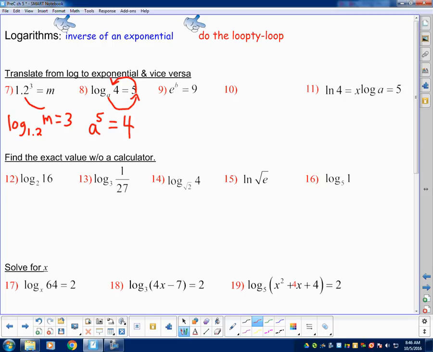So the 1.2 is a subscript, and m is at the same level as the logarithmic expression.